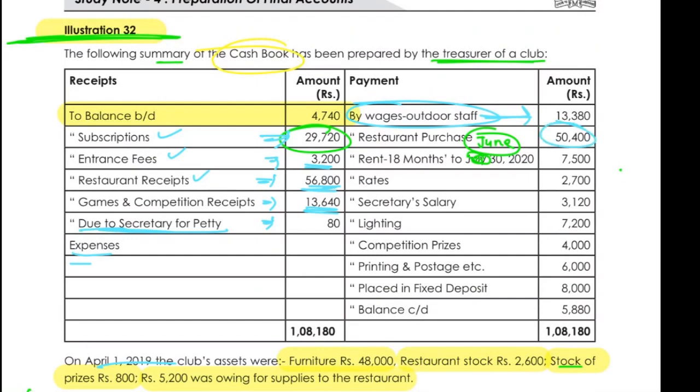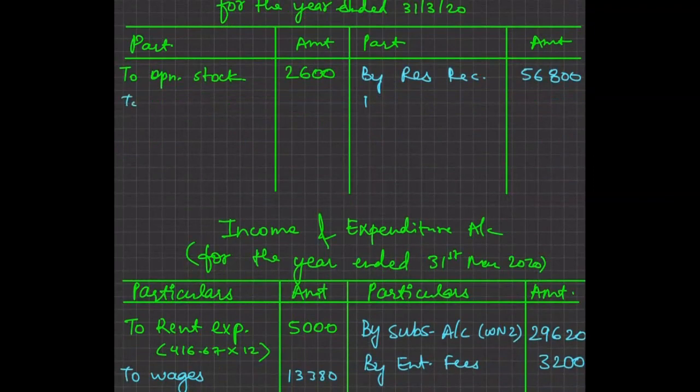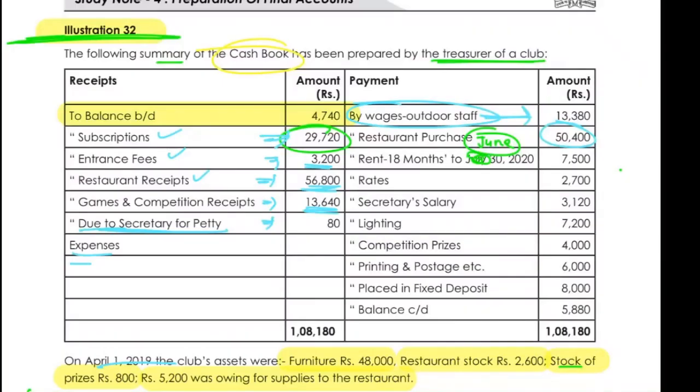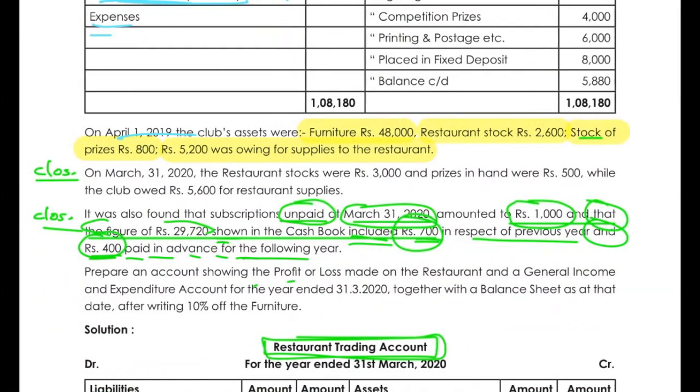Then we have restaurant purchases of 50,400. So this will go to your trading account, to purchases of 50,400. I am writing it into the inner column so that we can adjust some of the things which are given in the footnotes. This is the amount which we have paid right now. There is some outstanding also which was given here. So what is the outstanding amount which is not paid in the closing balance sheet?